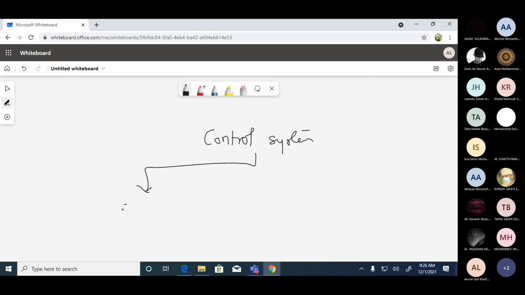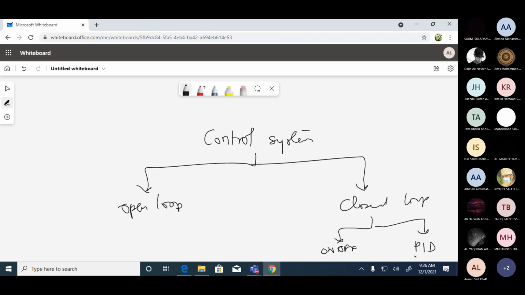One category is open loop, another category is closed loop. In the category of closed loop, we studied on-off and also PID. I've explained to you what is P, what is I, and what is D.